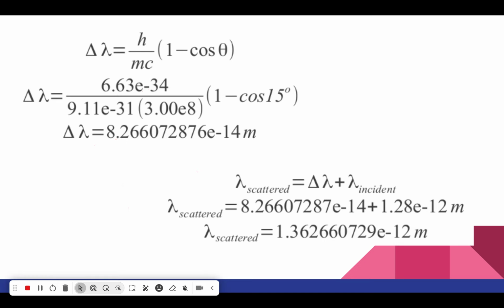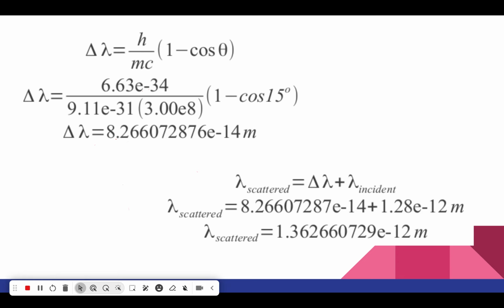Because of the angle, it really looks like I've only got 2 sig digs, so it'd be like 1.4 times 10 to the negative 12. But I told you here, just get the unrounded value, because I want to use this as we get into the 2D collision part of the question. So this is answering that first part that I was asked.